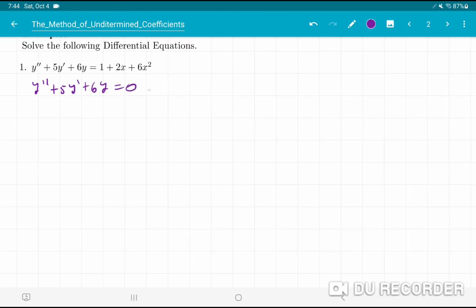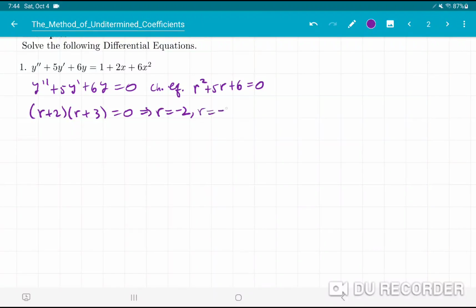Now the characteristic equation to this is r squared plus 5r plus 6 equals 0, which factors into (r plus 2)(r plus 3) equals 0, which gives you that r equals minus 2 and r equals minus 3.